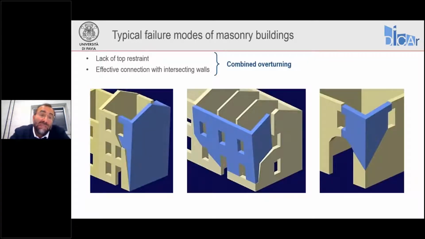On the other hand, if we don't have a good restraint at the top of the walls and with the slabs, but we have good connection with some of the intersecting walls, we may develop combined overturning mechanisms. Well, a facade is rotating and it's basically moving portions of the transverse walls in its mechanism.